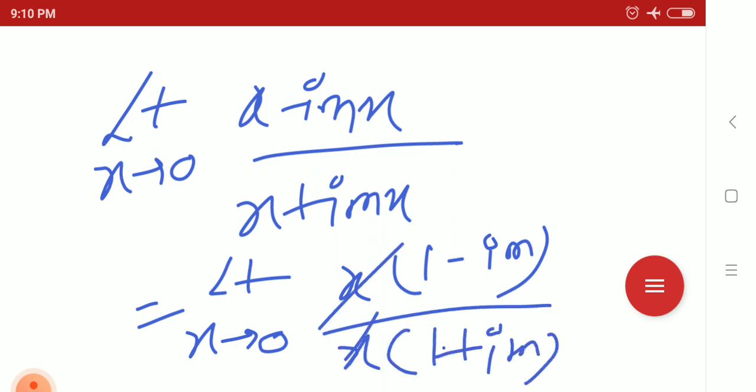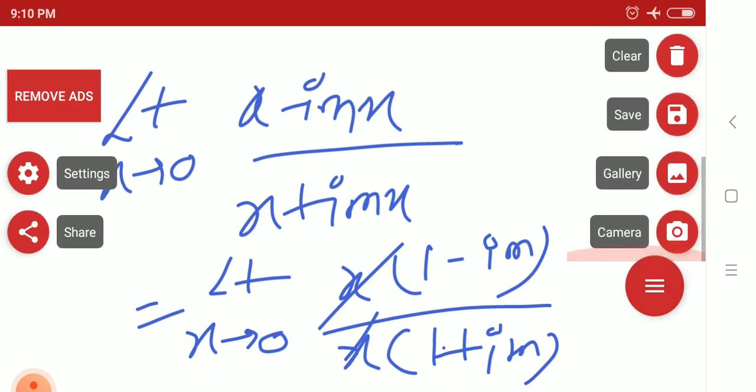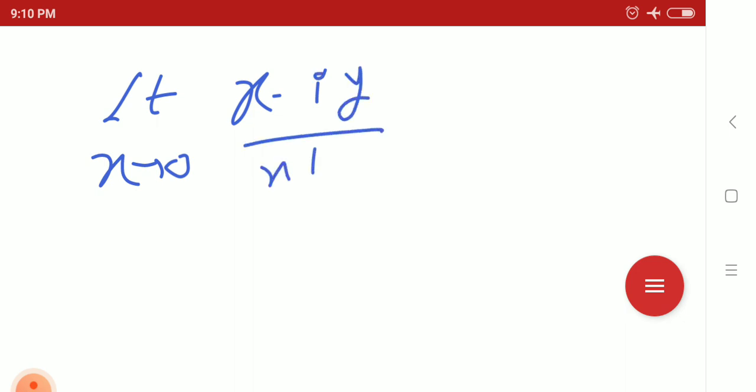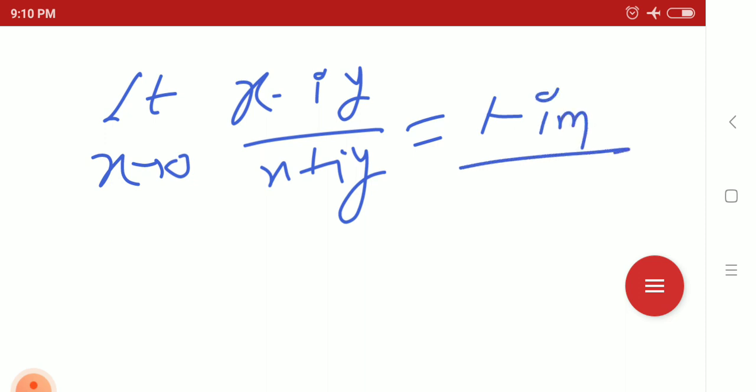The x cancel out, so the value of the limit of x minus iota y divided by x plus iota y turns out to be 1 minus iota m divided by 1 plus iota m.